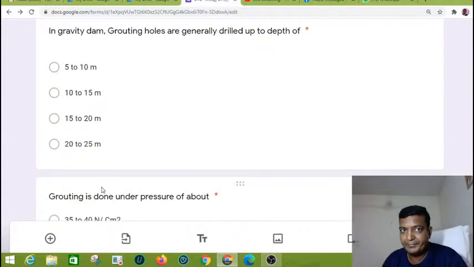In gravity dam, grouting holes are generally drilled up to depth of 5 to 10 meter, 10 to 15 meter, 15 to 20, 25 to 30 meter. Just think logically and put up your opinion.